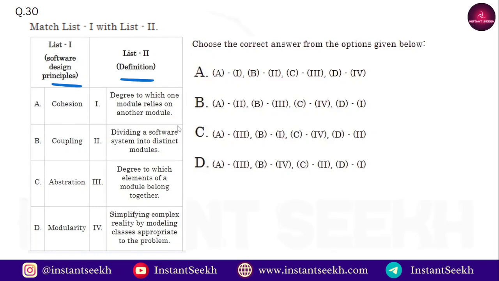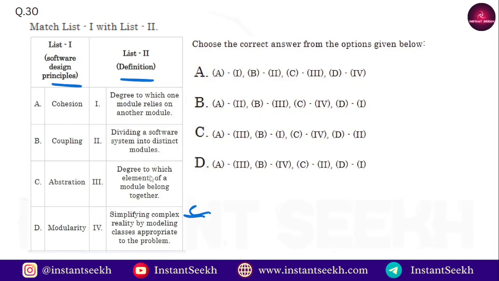In abstraction, we simplify complex reality by modeling classes appropriate to the problem. So this will be C, and option C goes for option 4.